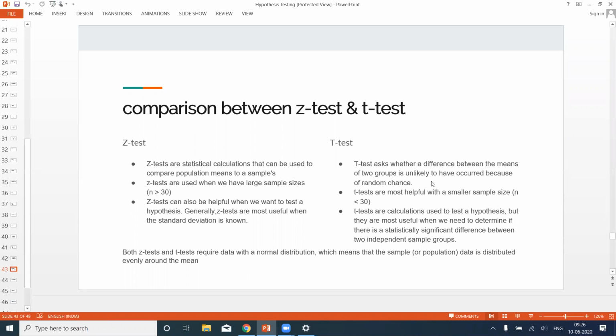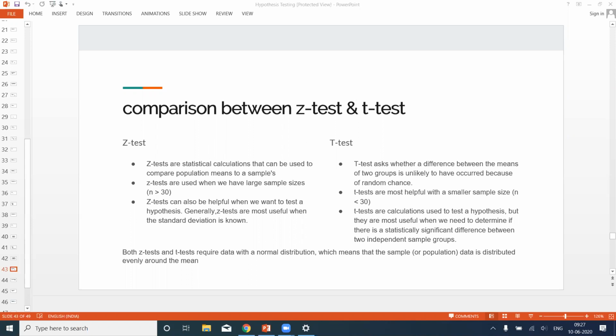For example, let's assume the average age of male and female in a sample data turned out to be the same. Now, what do you think? Is it just a coincidence, or is that true only for the sample, or will that be true for the population also? In the population also, will the average age of all the males and all the females be the same? If you have to test this kind of scenario, we make use of the T test.